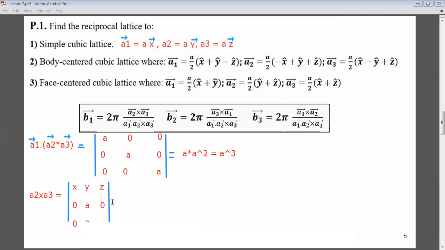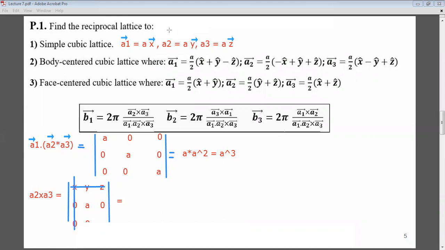Now if I do the cross product here, I'm going to do one of them, as you remember how you do it. If we're doing the X, you hide this guy and you hide this guy, and this gives me a squared minus 0.